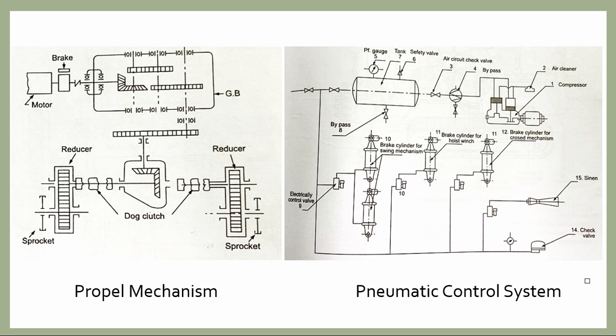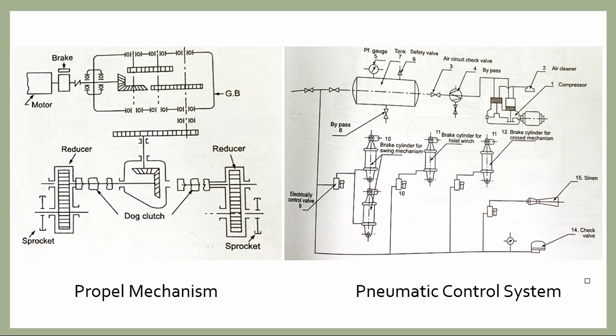Air from the tank is then distributed to the swinging, hoist and crowd brake cylinders, which are controlled through three separately operated solenoid valves. There is one siren operated by air through another solenoid valve, and the remaining end is connected to a T valve for any other auxiliary uses.